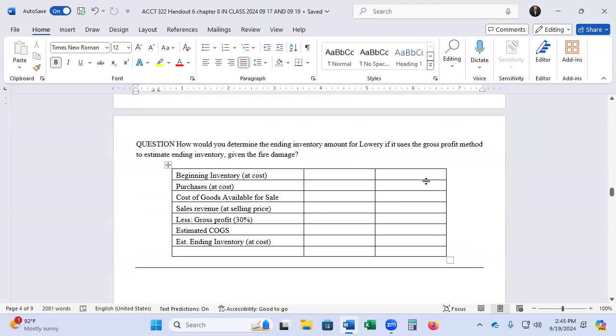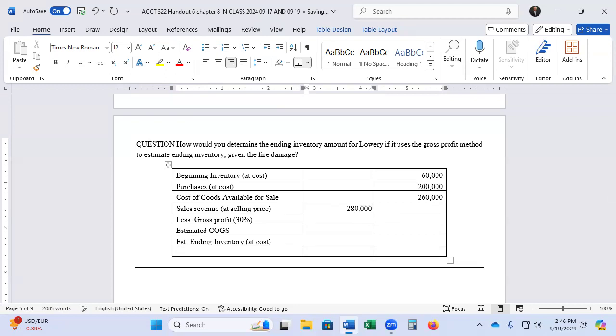So we have the beginning inventory at cost, 60,000, plus our purchases, 200,000. And so that gives us a cost of goods available for sale of 260,000. Now your sales revenue at selling price, they said, was 280,000, less your gross profit, which they said was 30%.